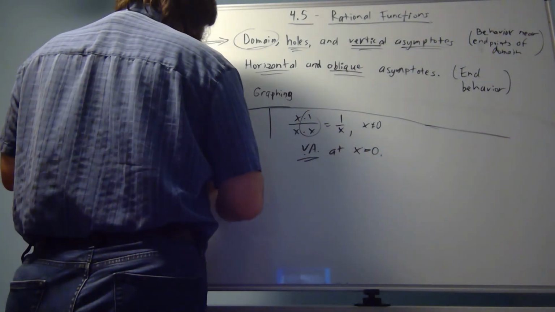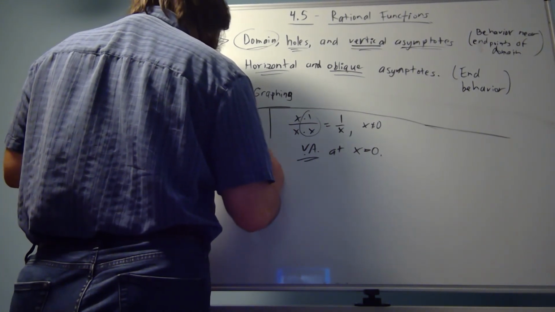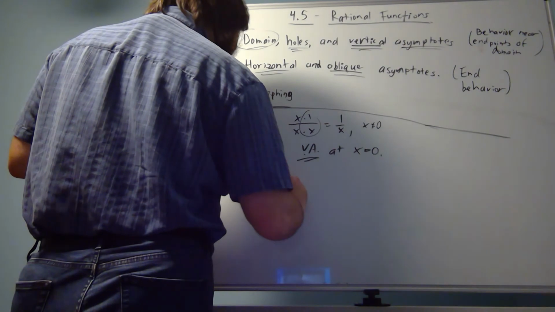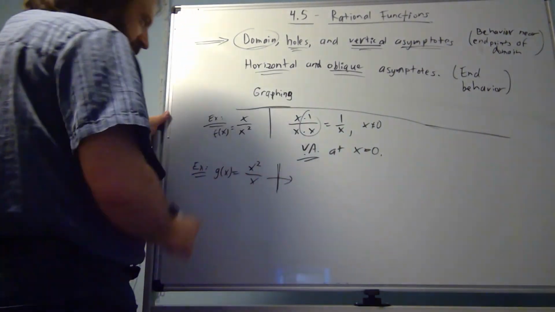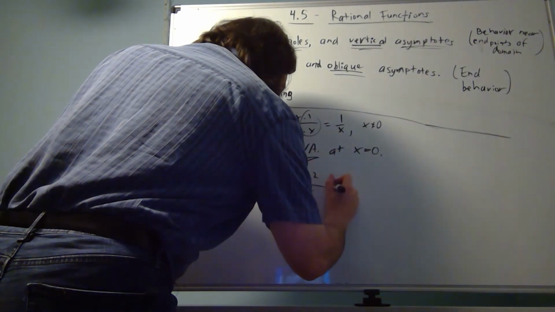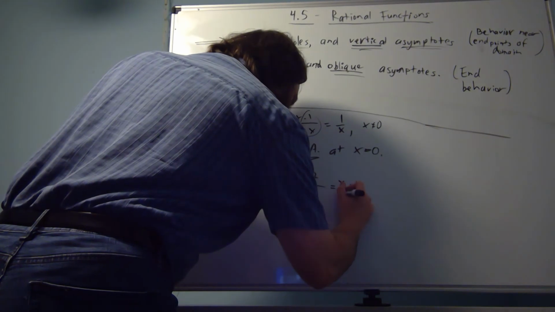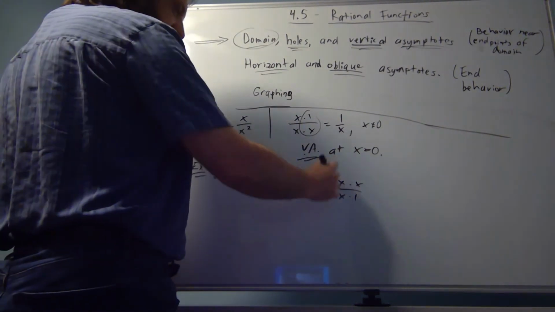The opposite is, how does this one behave? So let's examine what if the numerator had more x's. x squared divided by x equals x times x divided by x times 1. Technically, if x is 0, this expression is undefined.